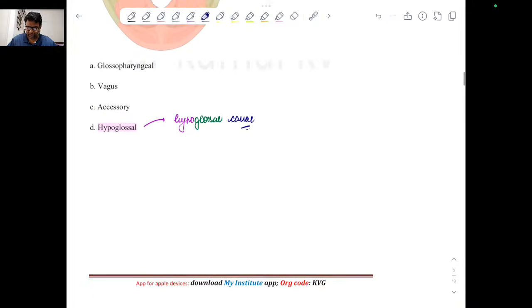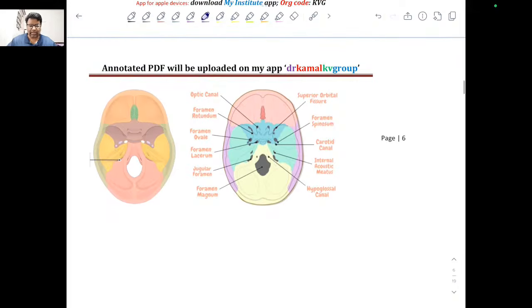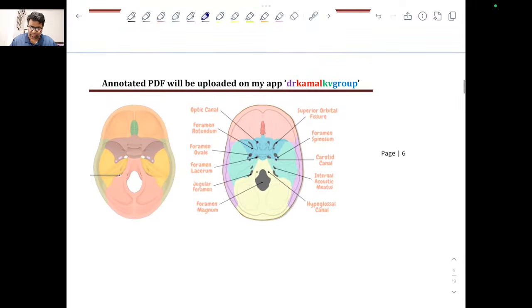Now for the ease of understanding, I have taken this image and one more image which will help you in identifying the foramens. So this one is jugular foramen. Now anterior to this you can see one more foramen, and this is known as internal acoustic meatus.